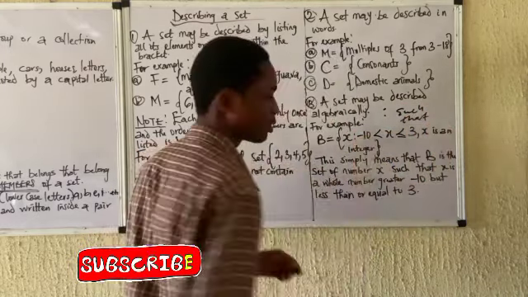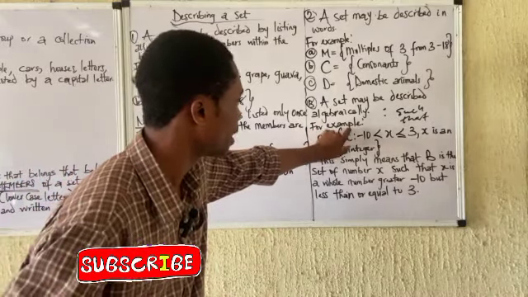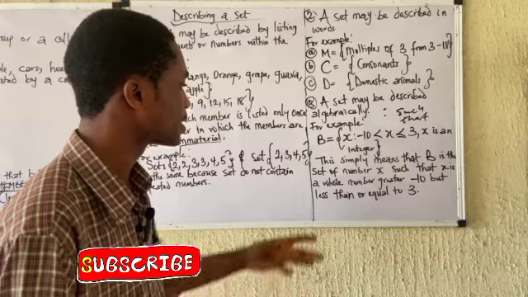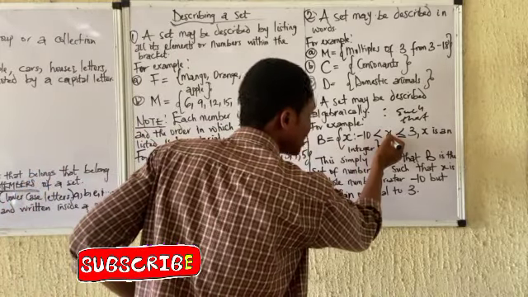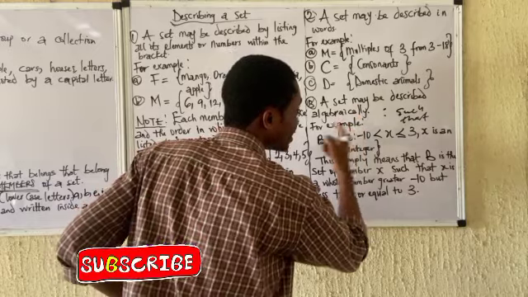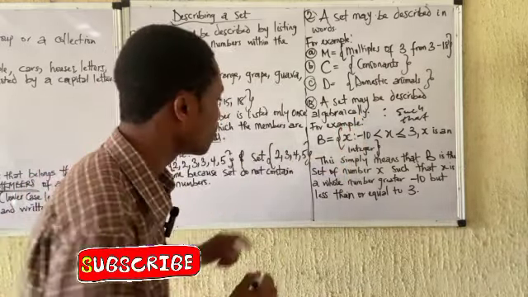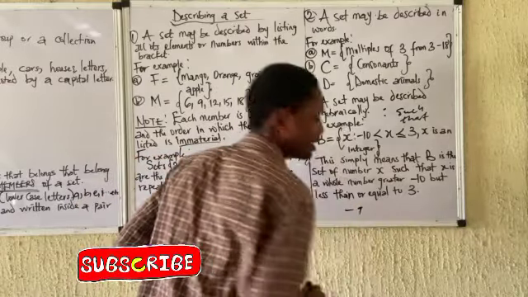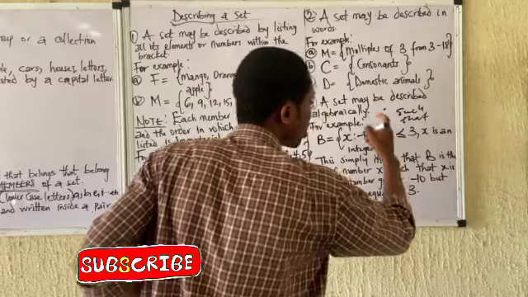Whenever I see this colon, it means "such that". I said B comprises element x, such that x is greater than negative 10. If x is greater than negative 10, that means our counting for B will start from negative 9. So x is greater than negative 10 but less than or equal to 3.